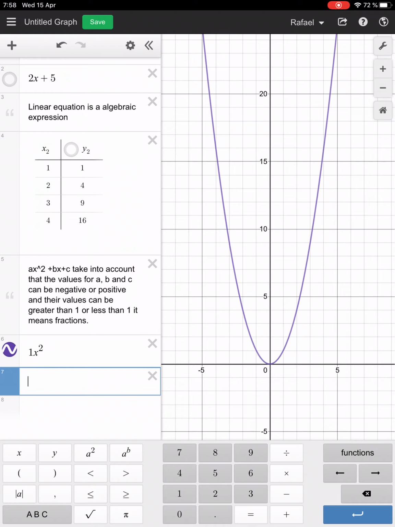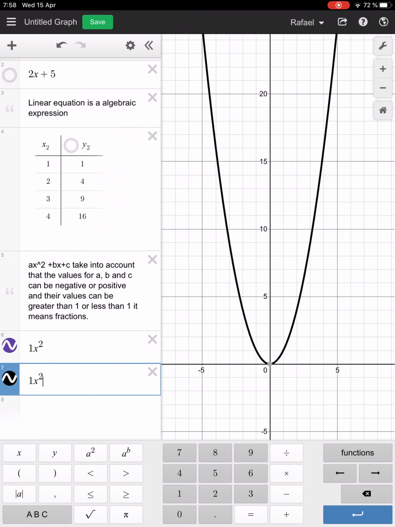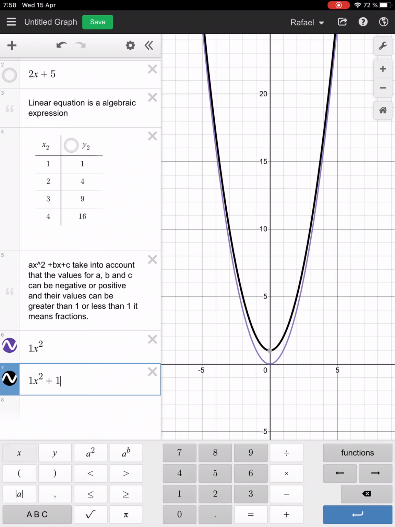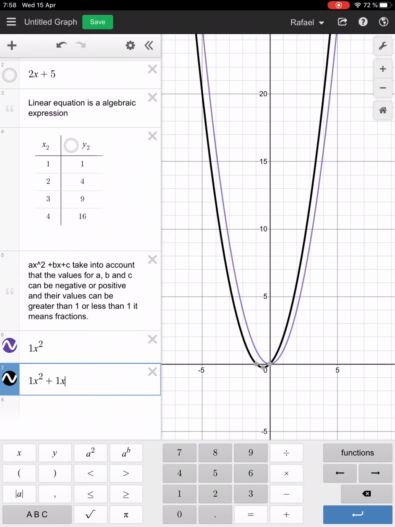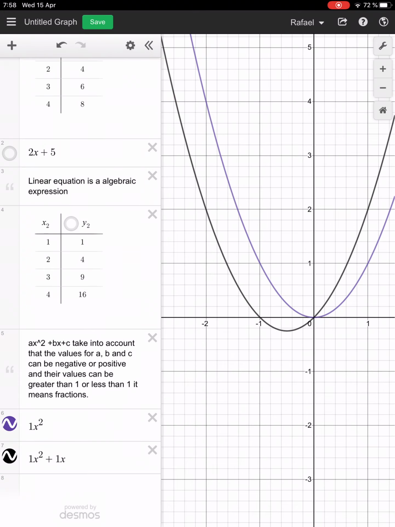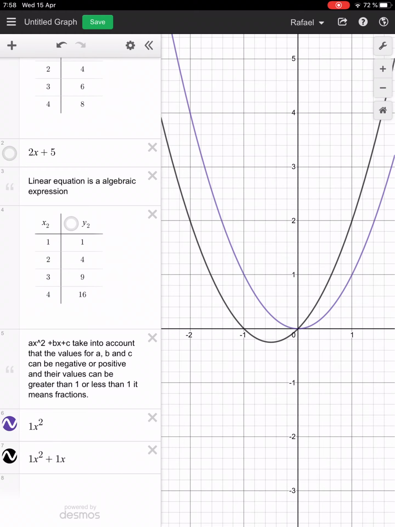What happens when we include a value for x? For example, I'm going to use 1x squared, and we are going to say that the value for b is going to be 1x. If you see, the curve is moving one place to your left. It means when the value of b is positive, you are moving the curve over the x-axis to the left.